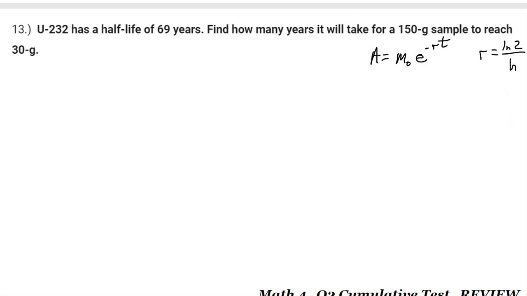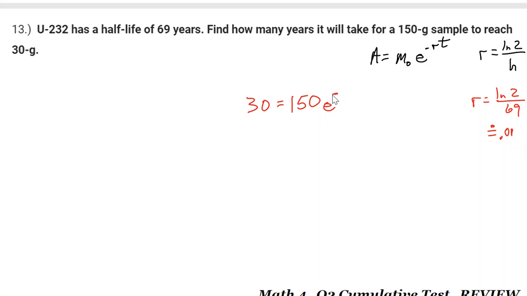So if my half-life is 69, then R is going to be natural log of 2 over 69, which is, calculator, and it says 0.0100. Well, we'll just say 0.01, because that's accurate to 4 decimals. There's no real need to write the other 2 zeros. So let's see now. Our original mass was 150, and we want it to go down to 30.